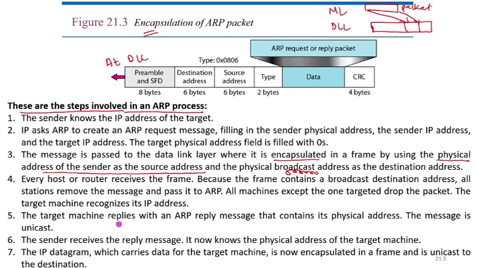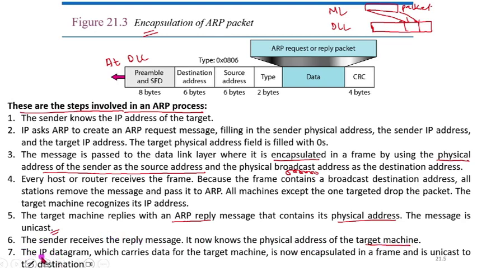So the target machine replies with the ARP reply, a message that contains its physical address. The message is unicast, intended only for the sender. The sender receives the reply message and now knows the physical address of the target machine.